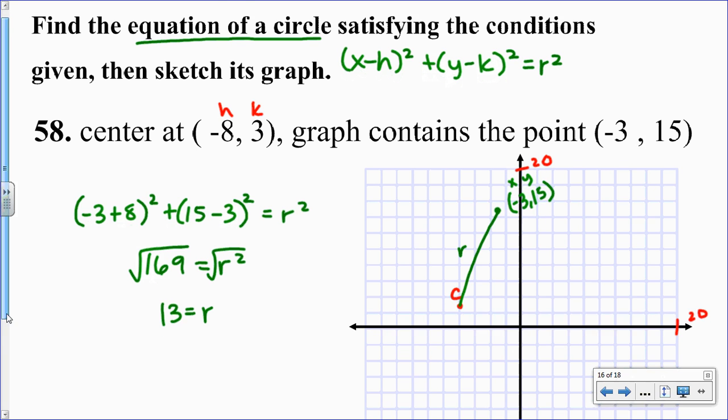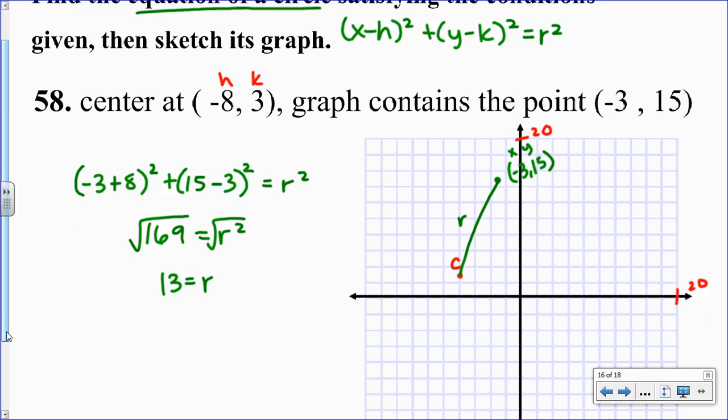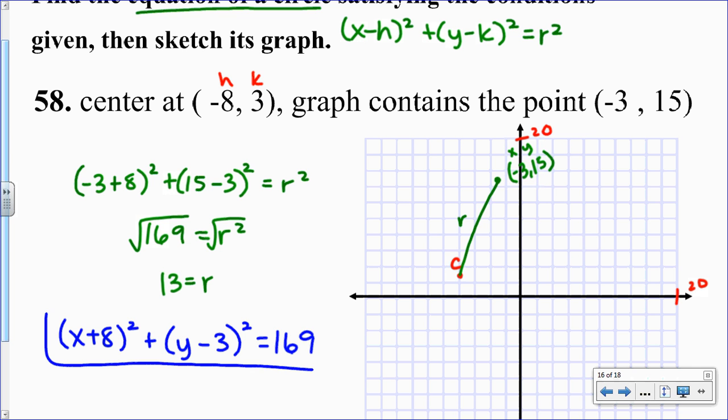The equation means you can have any x or y. So I have (x plus 8) squared plus (y minus 3) squared equals r squared, so 13 squared, 169.